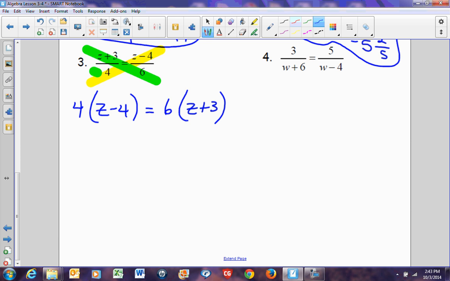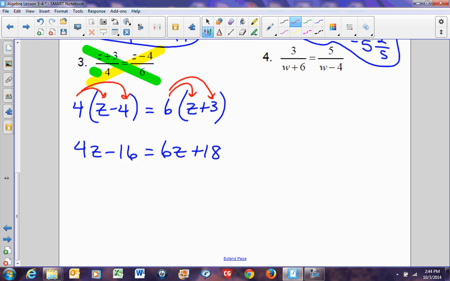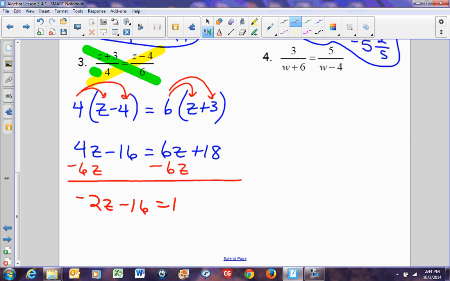So we're going to use the distributive property, so we'll get 4 times z is 4z minus 16 equals 6z plus 18. We use the distributive property properly and distribute across. So 4z minus 16 equals 6z plus 18. We need to move all the z's to one side, so I'm going to subtract 6z. I will get negative 2z minus 16 equals 18.